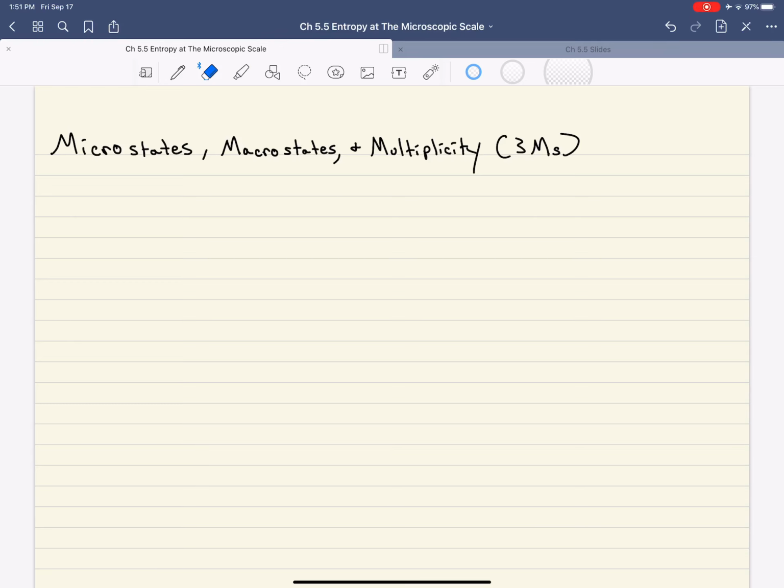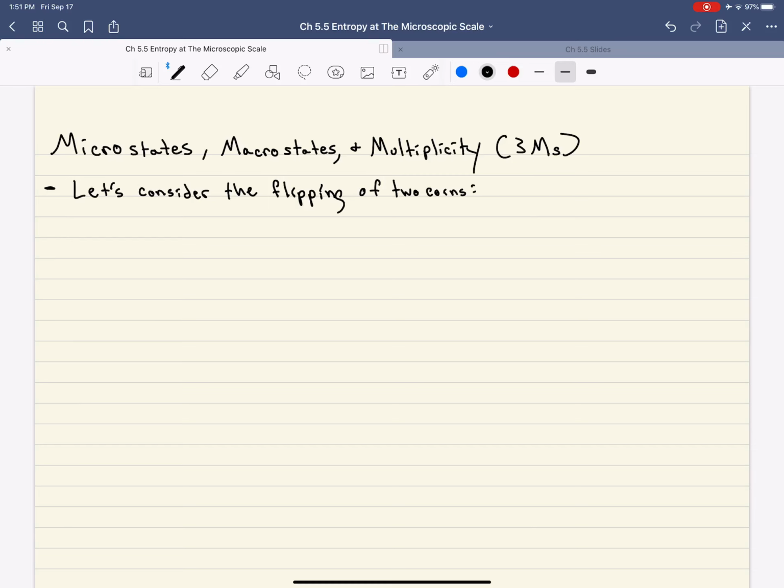Before we start talking about molecules, I want to go through an example involving something a little bit more concrete, something a little bit more tangible. All right? And so what we're going to do is consider an example where we're just flipping two coins.